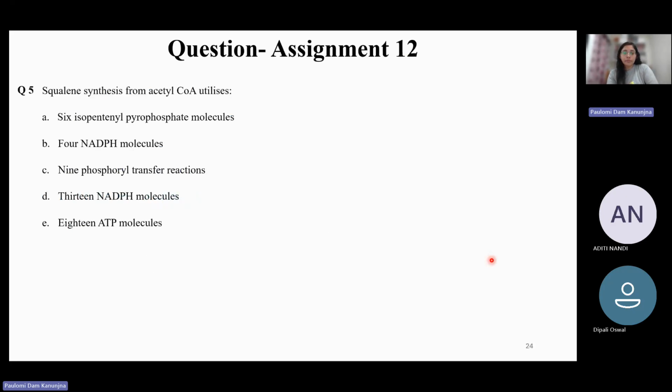Okay, next one. So we have squalene synthesis, and this was in your assignment, of course, the last assignment. It says squalene synthesis from acetyl coenzyme A utilizes which of these compounds? Or what are the steps there?